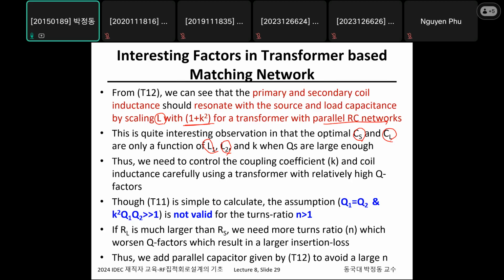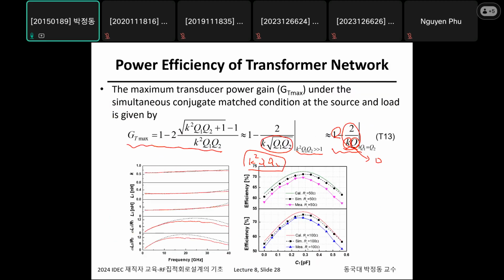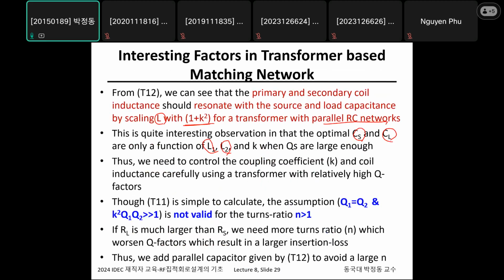So as can be seen over here, if it is a series resonator, then K doesn't matter. But if this is a parallel resonator, then K is involved like this. Therefore, it is very important to control K. This is the most critical part in designing a transformer.